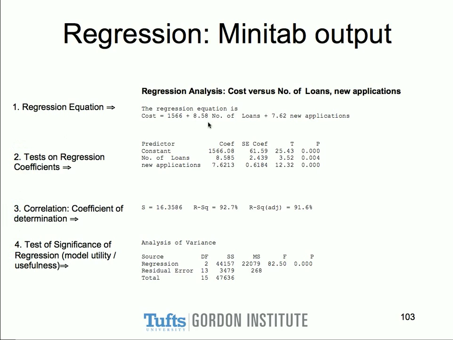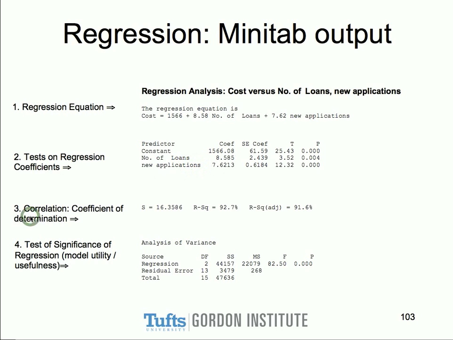There's a regression equation, which is right here. So I have our cost is equal to 1566, okay? Plus 8.58 times the number of loans, plus 7.62 times the number of new applications, okay? The second is something called the test on the regression coefficients. We'll go over that in a second.